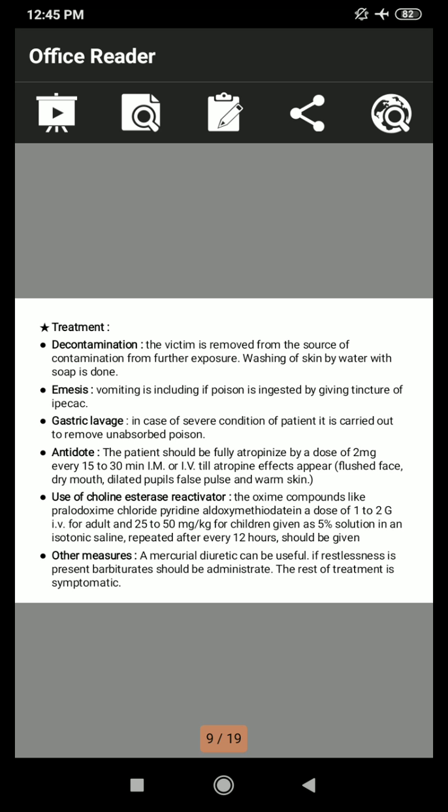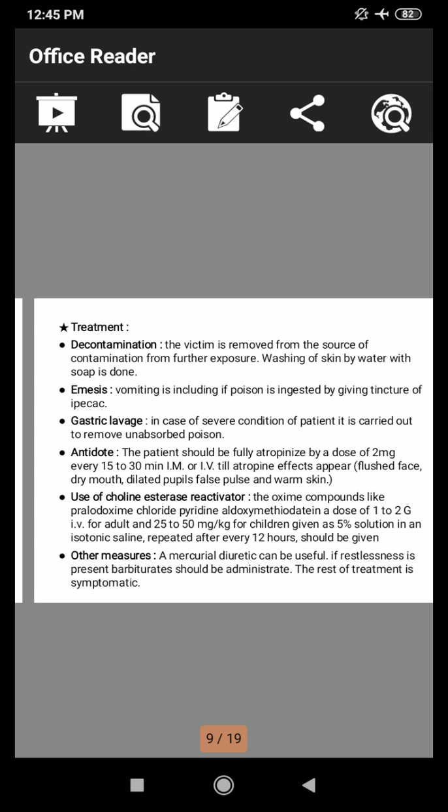Then use of cholinesterase reactivators. In that, the oxime compounds like pralidoxime chloride, pyridine aldoxime methiodide.